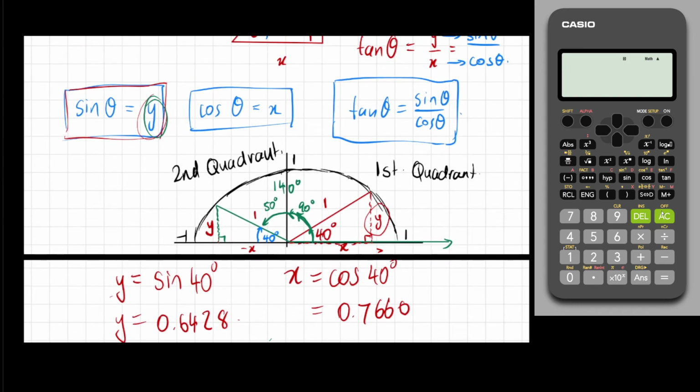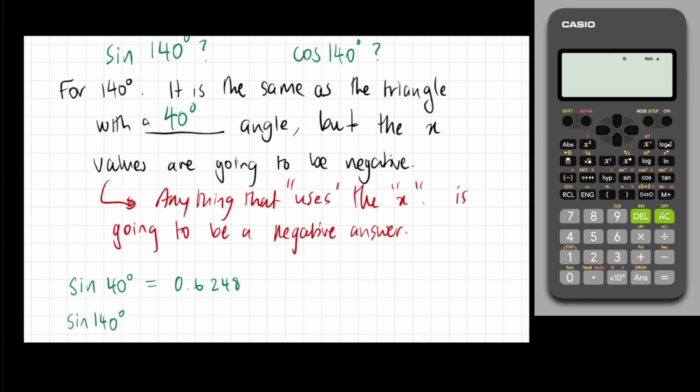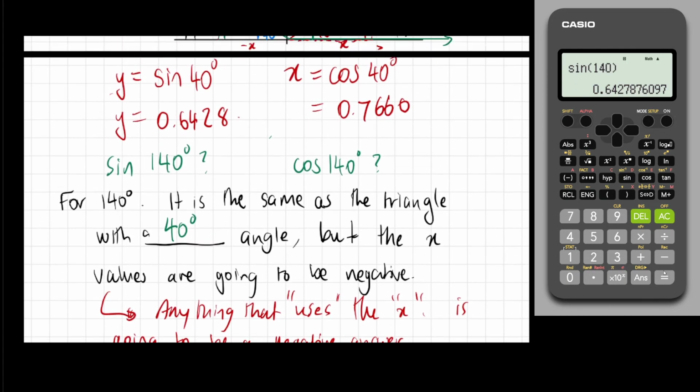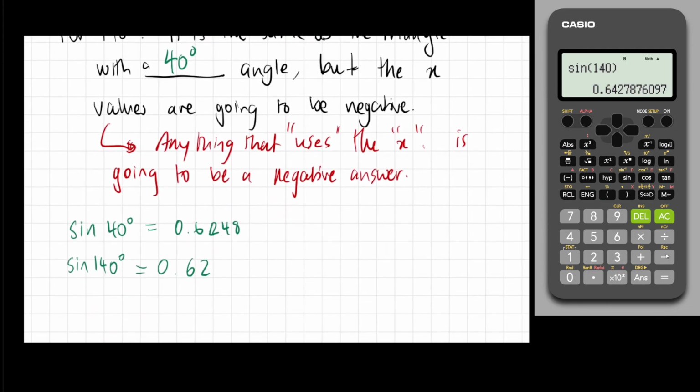So because sine uses the y, it shouldn't change. It should just be 0.6428. So let's have a look. Sine of 140 degrees. Look at that. 0.6428. Did I write these numbers in the wrong way? No, I didn't. I just wrote it down here wrong.